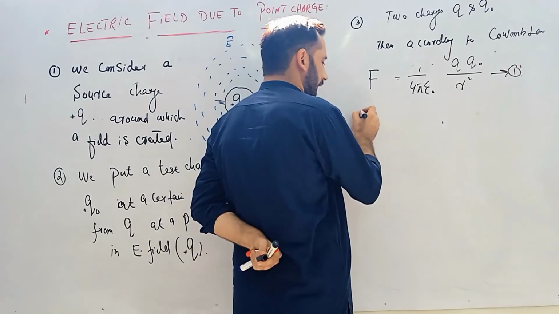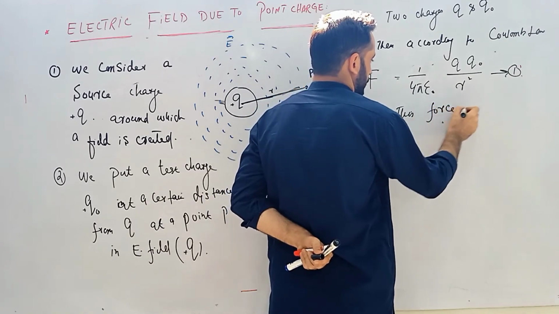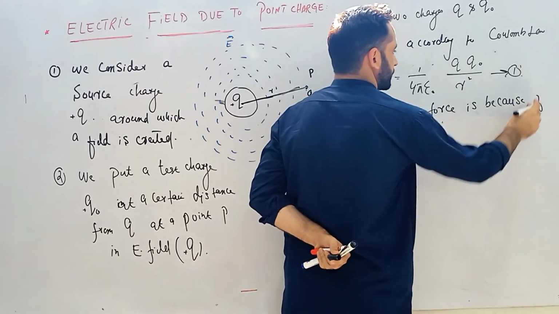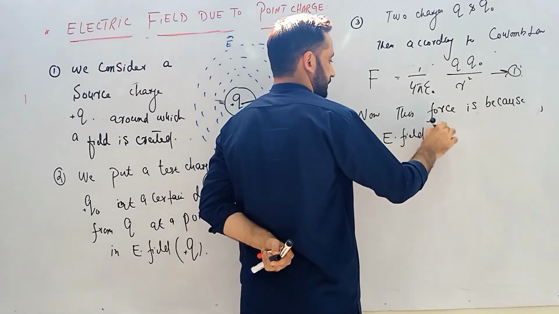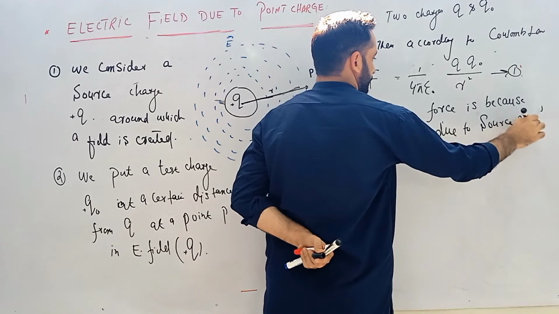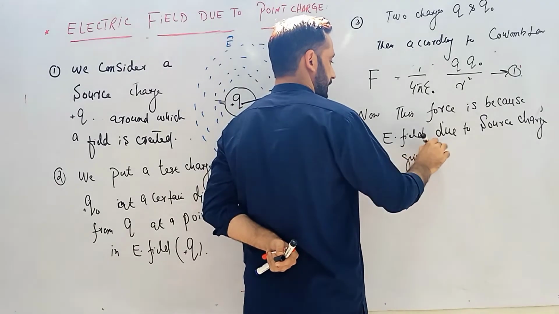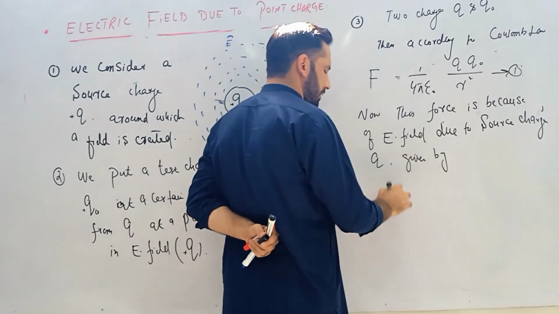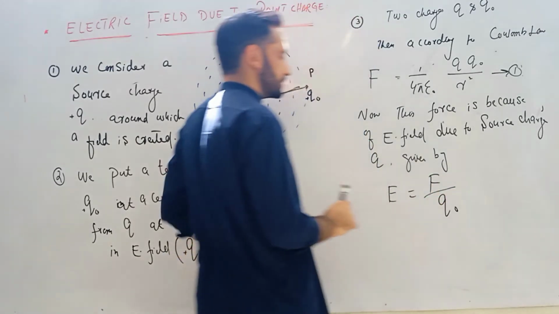Now this force is because of the electric field due to source charge Q. The electric field of the source charge is given by force divided by Q naught, E is equal to F divided by Q naught.